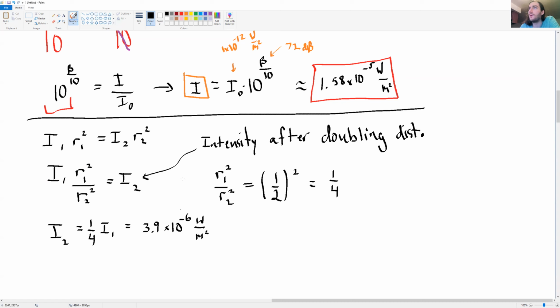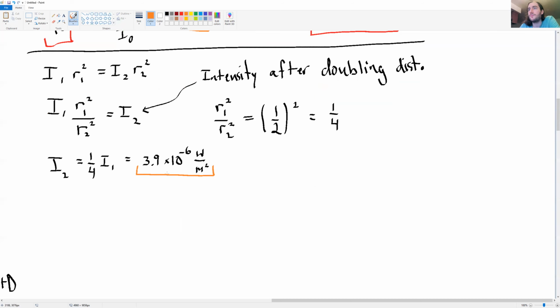I just did that in my head real quick. So this right here is now the intensity that we would use. Probably just right here. In our formula now for beta. So beta is 10 log I over I0.